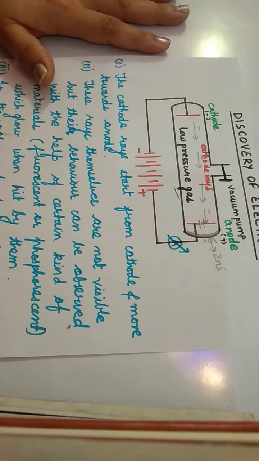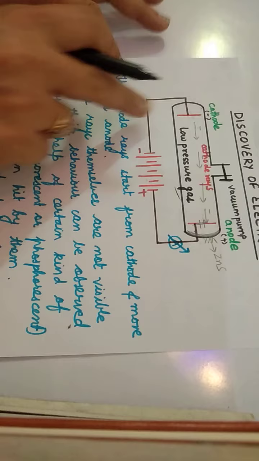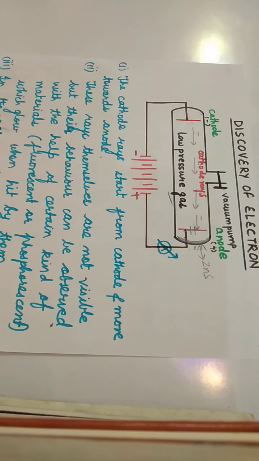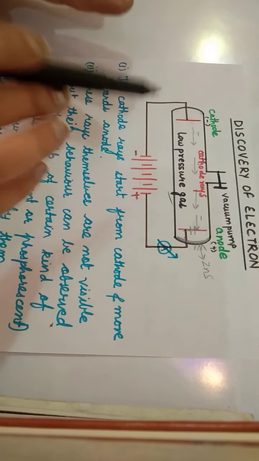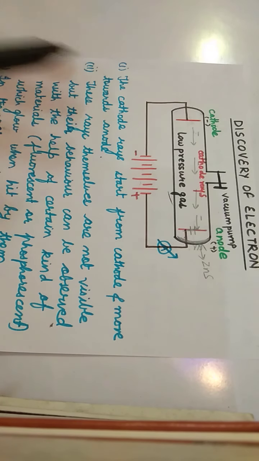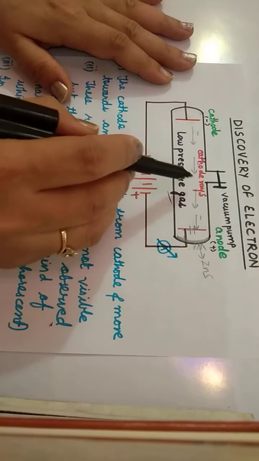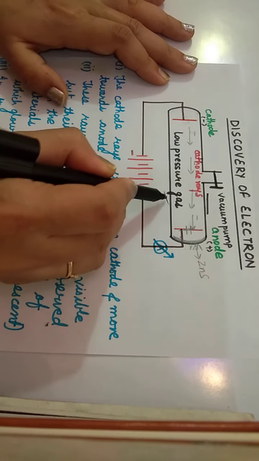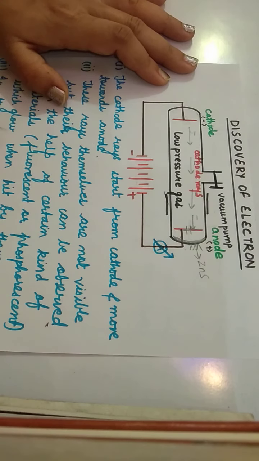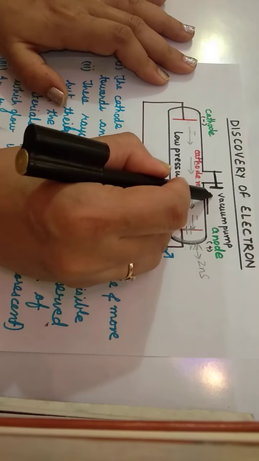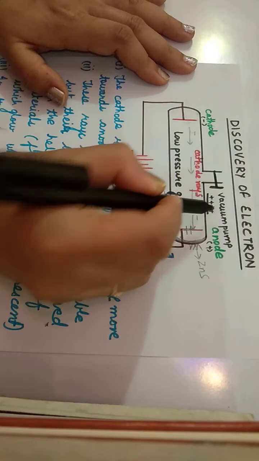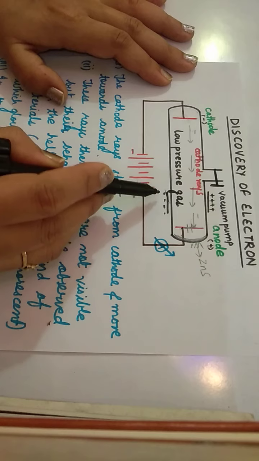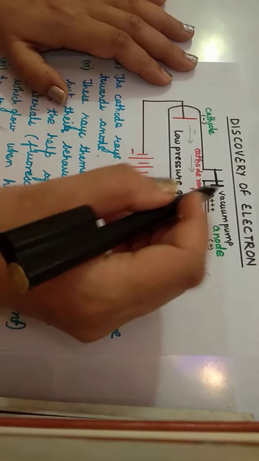Now what happens after this? We further continued carrying out some more experiments with this same setup. We have taken one gas under this, any gas you can take. Suppose we place this in an electrical field, where one side is under a high positively charged electrical field and the other under a highly negatively charged electrical field.